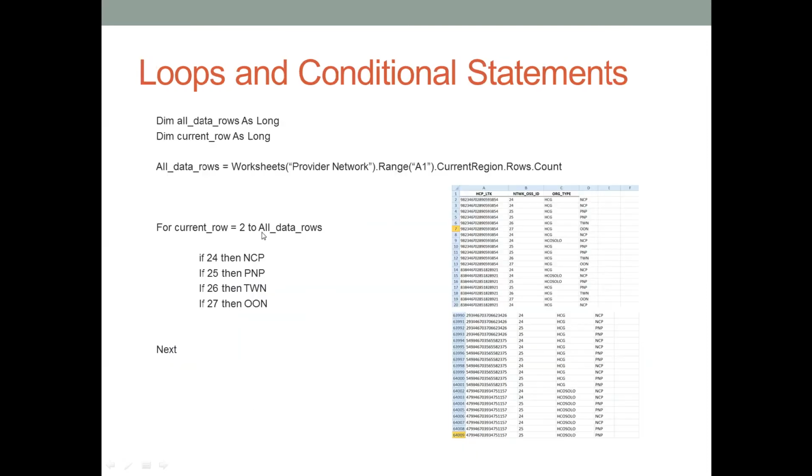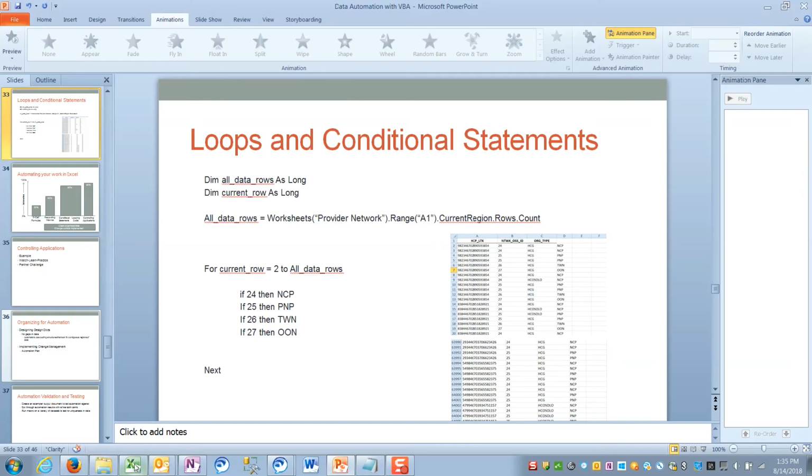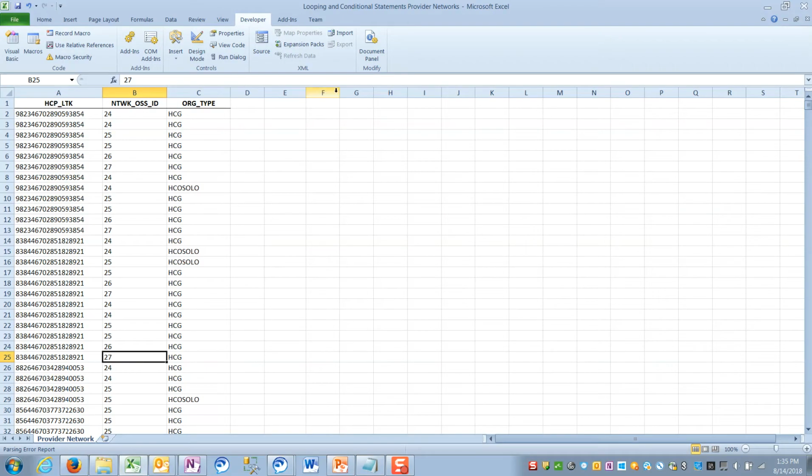Well, our next step is to actually employ this conditional statement and this looping structure in an actual project. So I'm going to have you open the workbook called Looping and Conditional Statements Provider Networks. Get the Provider Networks workbook open.